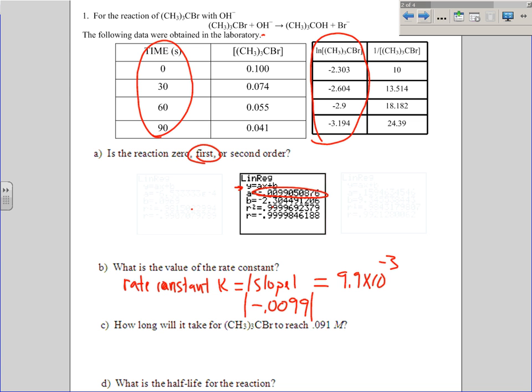Now, units, because you always need to have units with your rate constant. In this particular case, what you really need to remember is, as a first order relationship, the concentration times k is going to equal the rate in our rate order expression. There is a tie between the overall rate and the units of the rate constant.